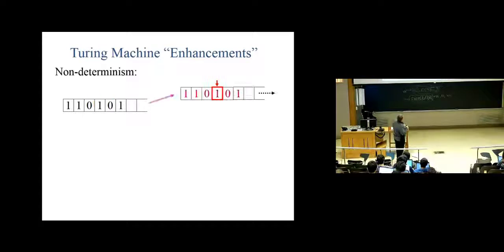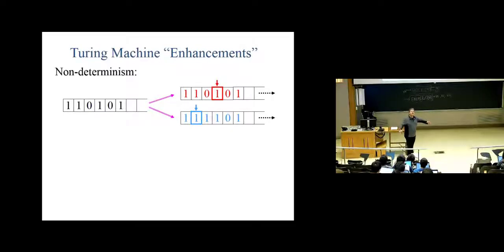On the other branch, you start here and you go to the left. And when you go to the left, you overwrite that 0 with a 1, and then you go to the left. You end up in these 2 different branches of the computation, and the tape looks very different. Each branch has its own tape. It's not the same tape that they're all using, obviously, same as PDAs.